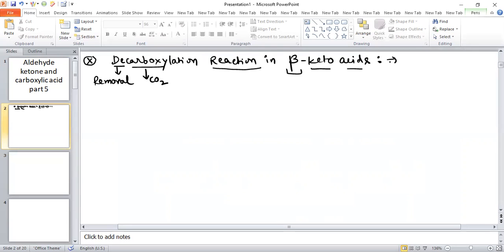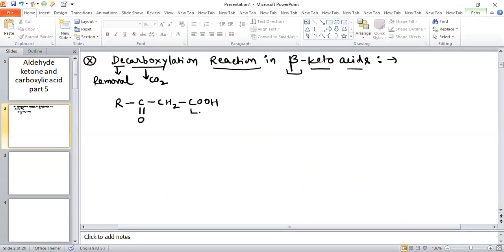Now see what happens. Suppose the compound given is R, C double bond O, CH2, COOH.